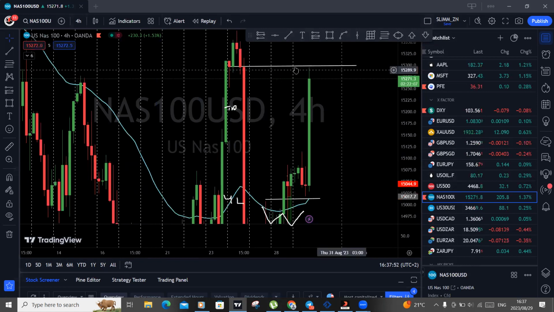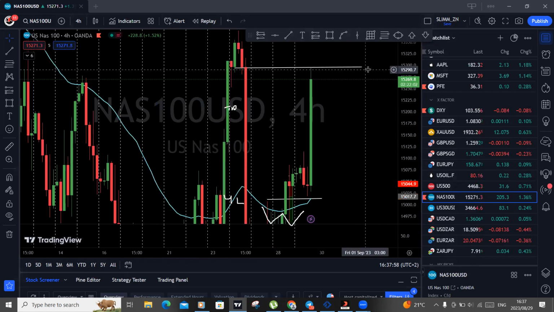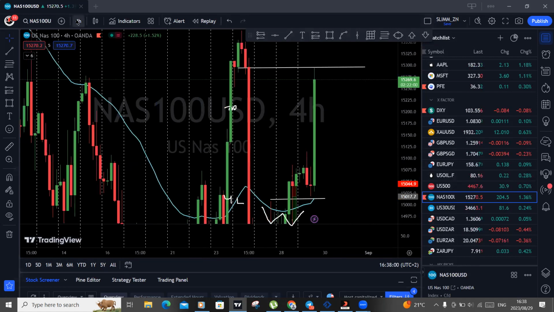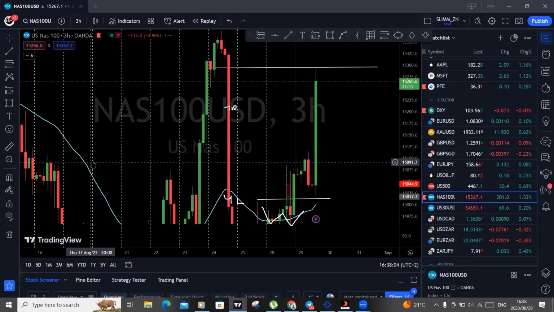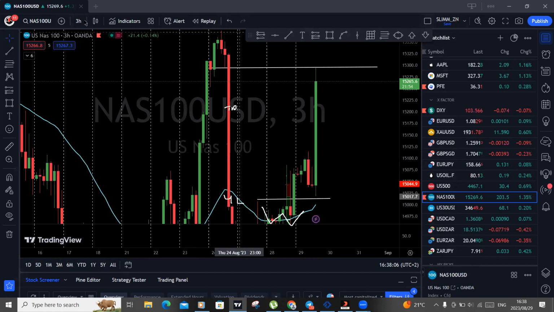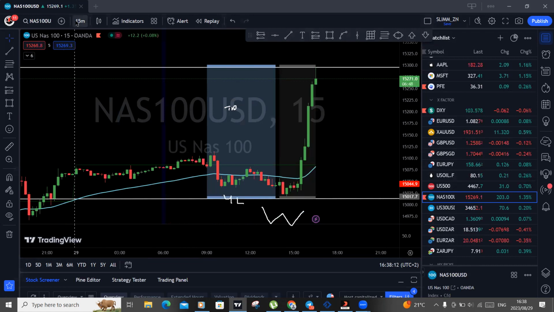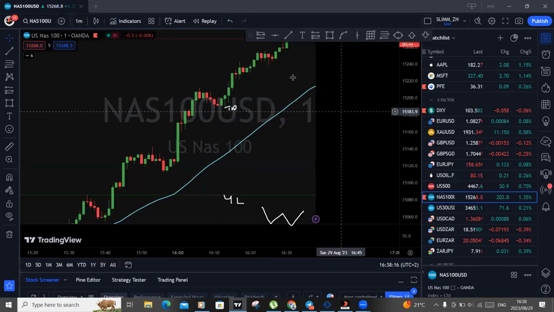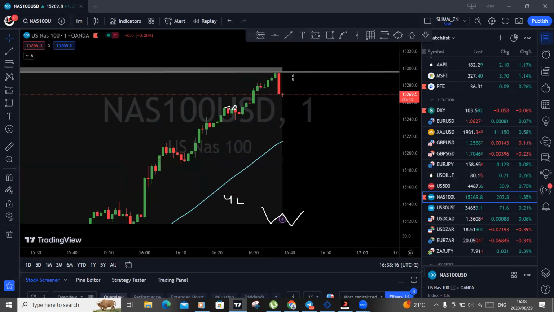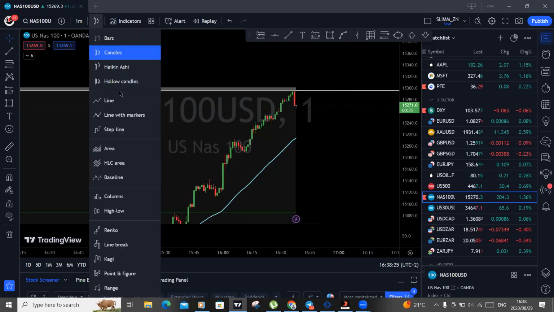Price has sort of tapped into this order block here. Right, price has tapped into that order block. H3, almost the same thing. M15, we're waiting for a reversal candle. M1, we're waiting for a structure to be broken. Structure is not clear.